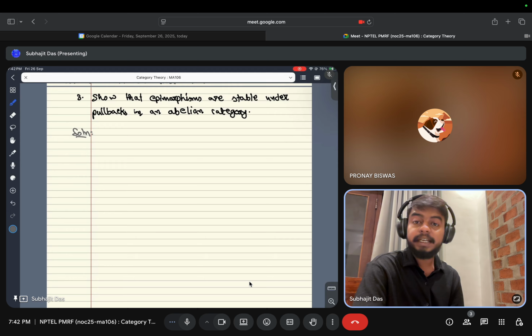Anyway, an interesting property of abelian categories is that epimorphisms, when pulled back in an abelian category, are again epimorphisms.